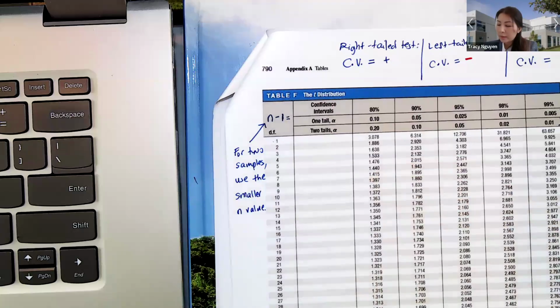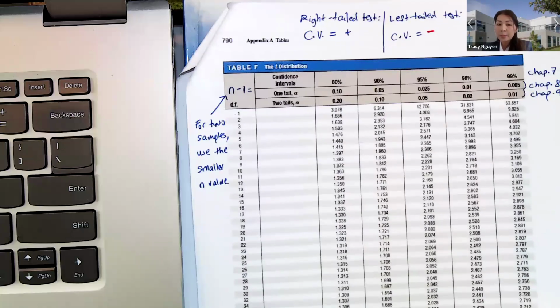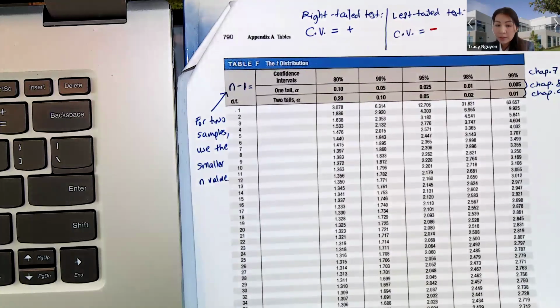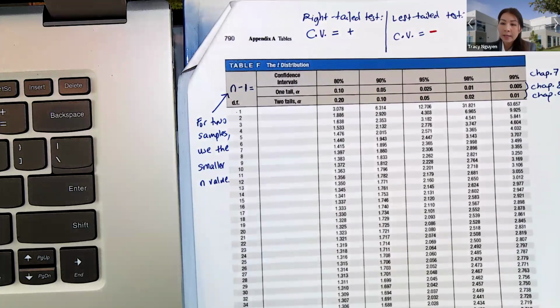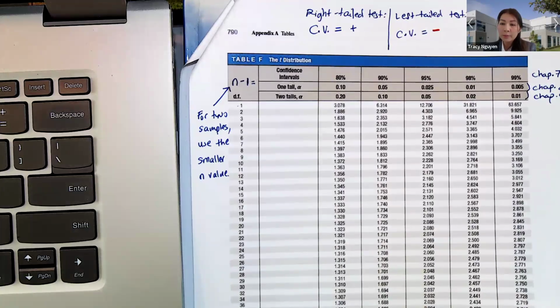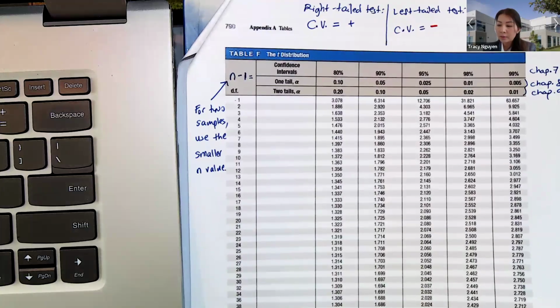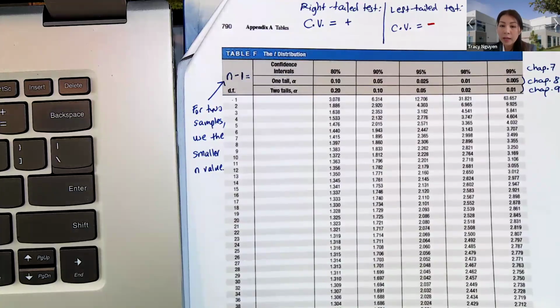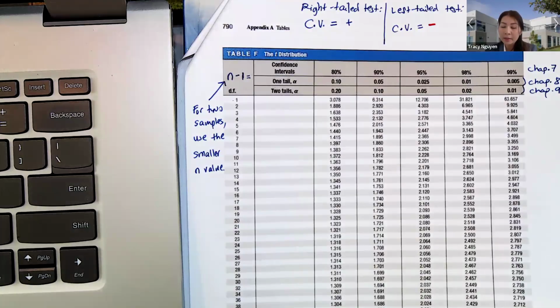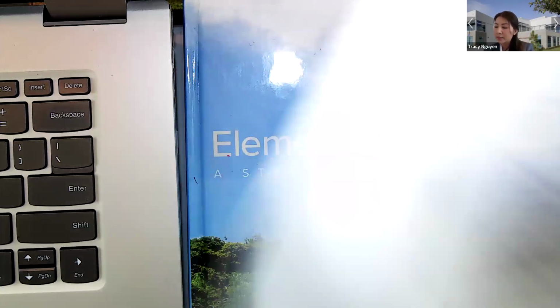That way you know, okay? So it's possible that in one example, you could be using n1 minus 1 to find the degree of freedom. In another example, where n2 is smaller, you could be using n2 minus 1. Now, what about when both n values are the same? Let's just say n1 equals 20 and n2 also equals 20. Then it doesn't matter which n you use because it's the same value.